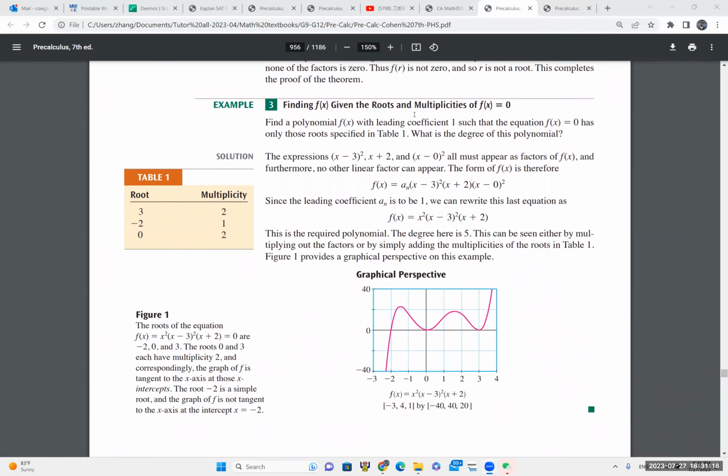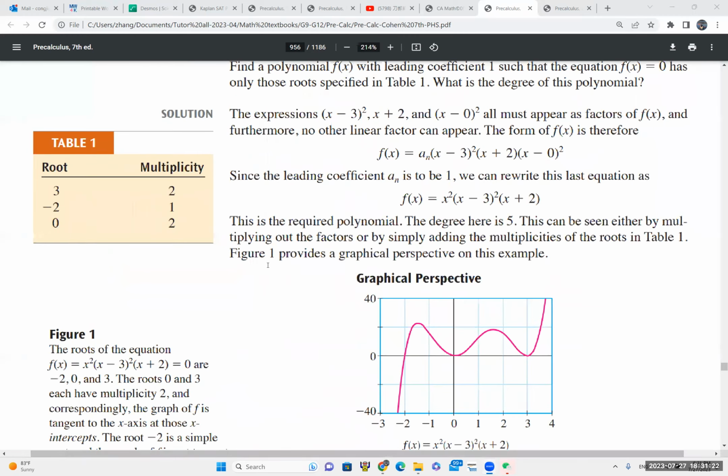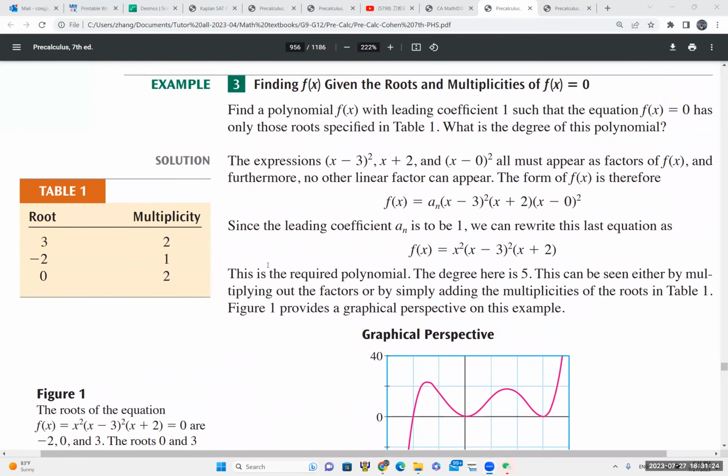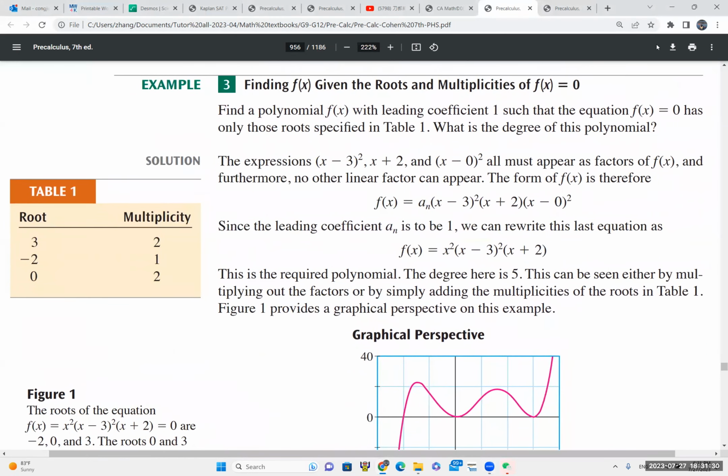Finding f given roots. So just see here. The root 3 has multiplicity 2. Negative 2 is just one time. 0 counts as 2 times.